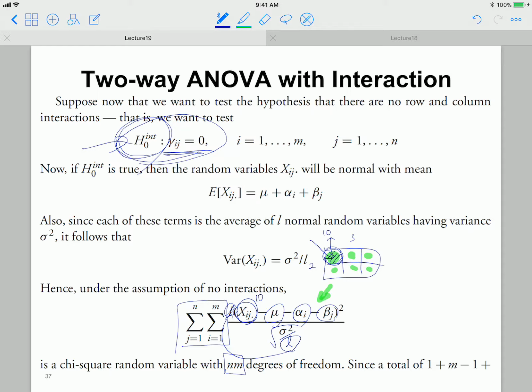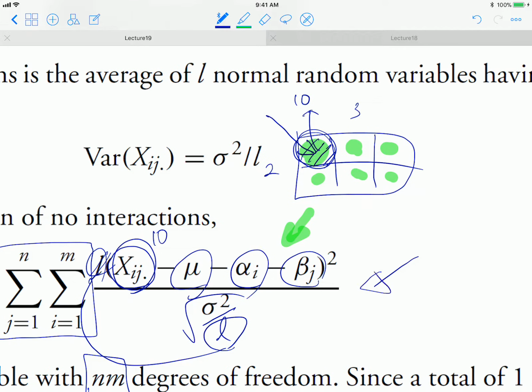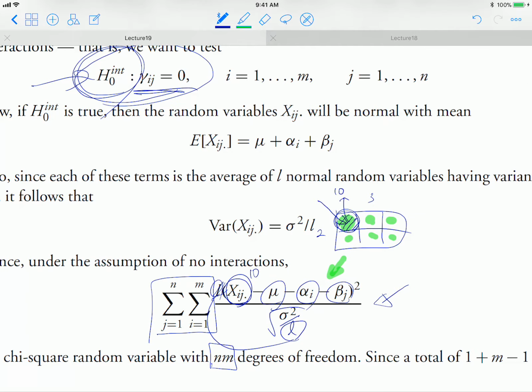Again, this is the valid estimator only when the null hypothesis is true, which means these gamma ij's are 0, or interaction terms are all 0.